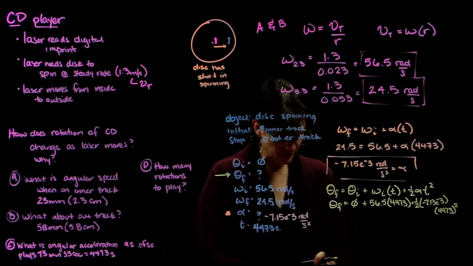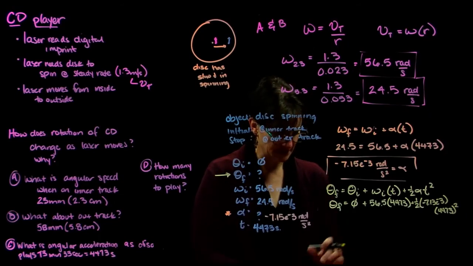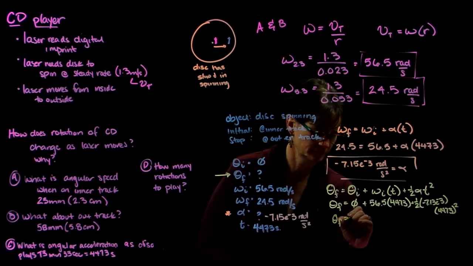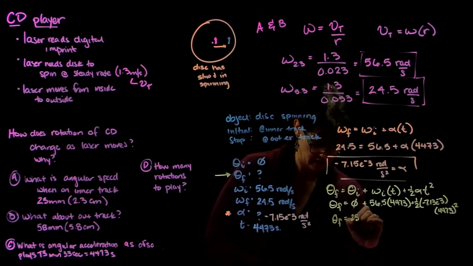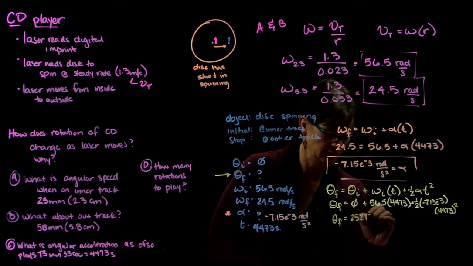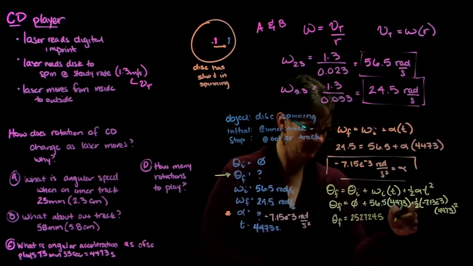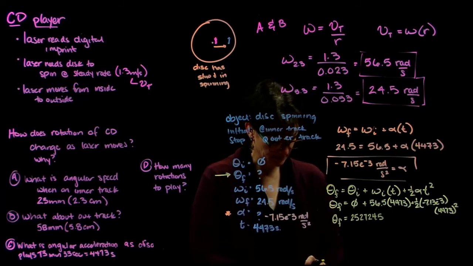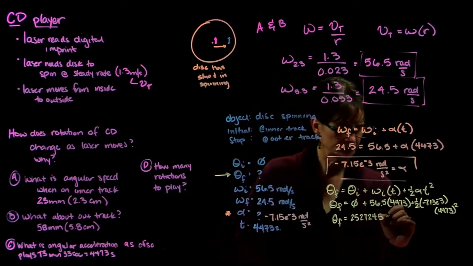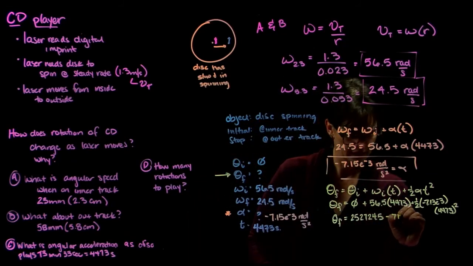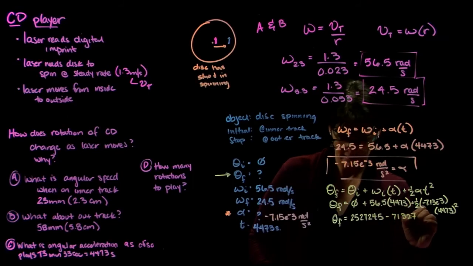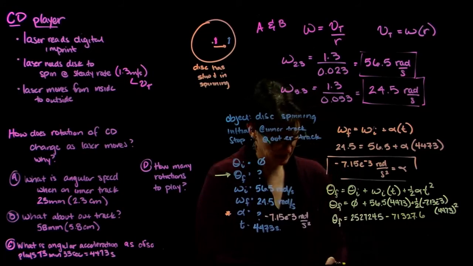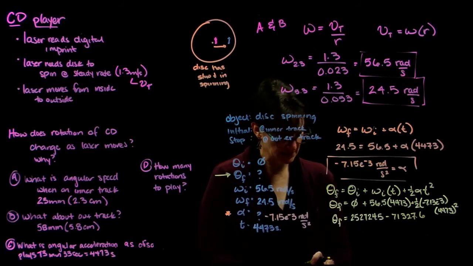So 56.5 times 4473 is 252724.5. And then negative 7.13 times 10 to the minus third times 4473 times 4473, half of that, is 71327.6.